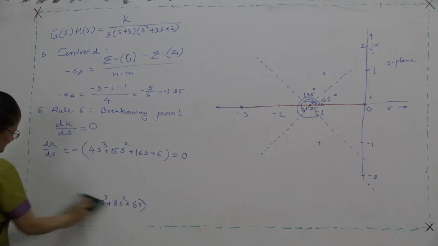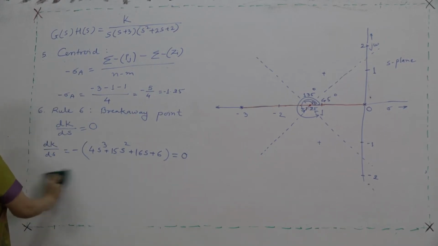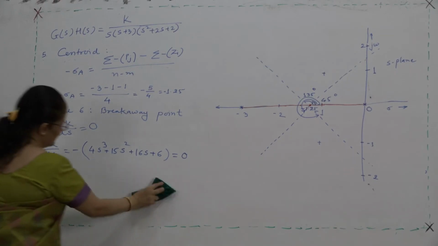Equate it to 0, dk by ds is equal to 0. So, equate it to 0 and find the solution of this equation.